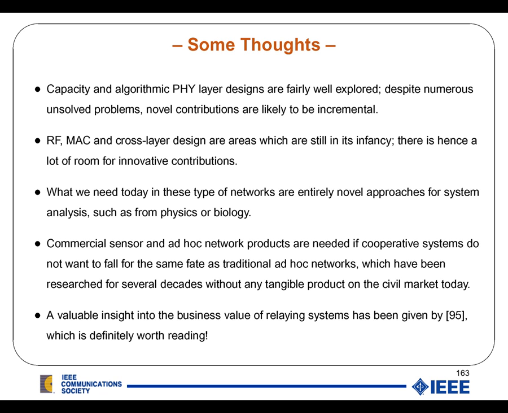So what are open issues in this area is really a cross-layer design where you jointly optimize from the application layer down to the physical layer a whole protocol stack, particularly for energy-constrained wireless sensor networks, and that is certainly an issue worth pursuing.